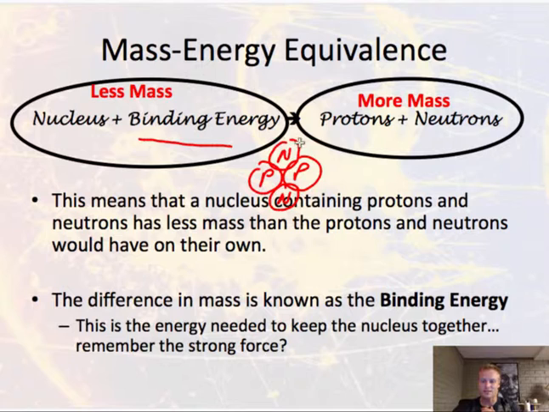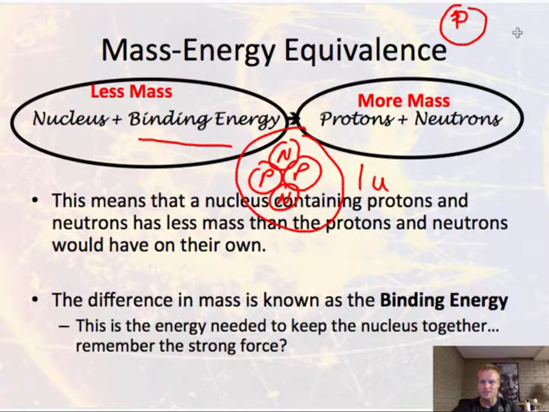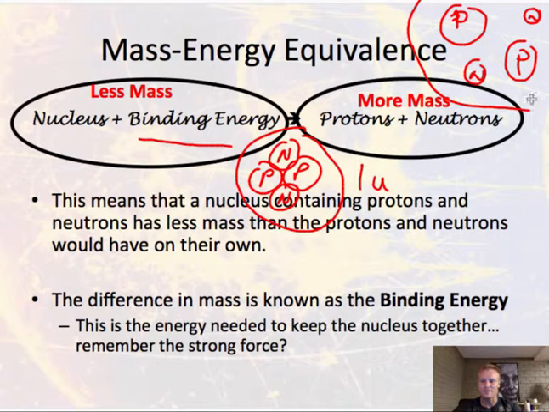This nucleus, let's say it has a mass of 1 U, 1 atomic mass unit. Believe it or not, if I were to separate these protons and these neutrons, I'm just going to put them up here. Here's a proton, here's a neutron. They're just floating around in space. The mass of this clump of protons and neutrons floating around in space is actually more than the mass of this nucleus.